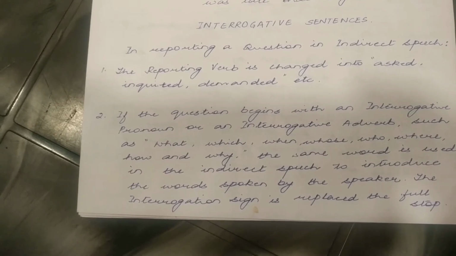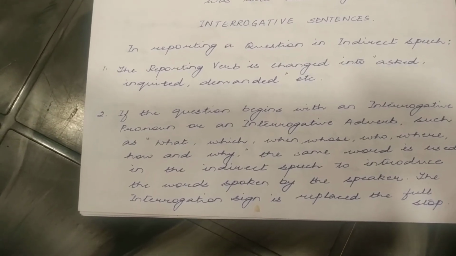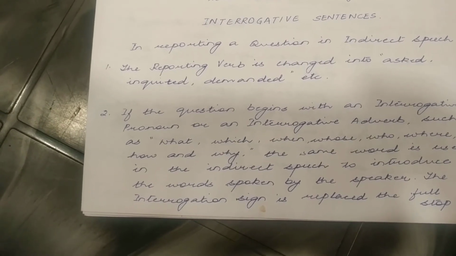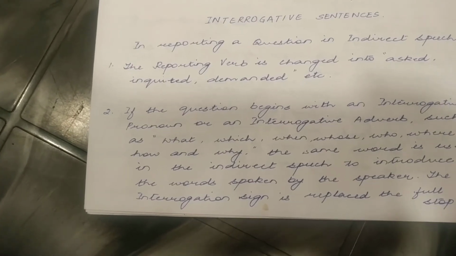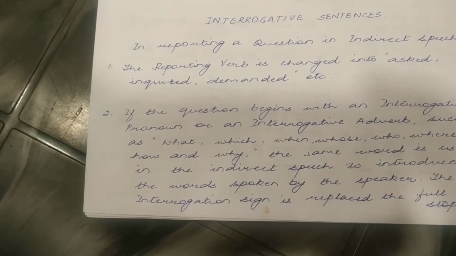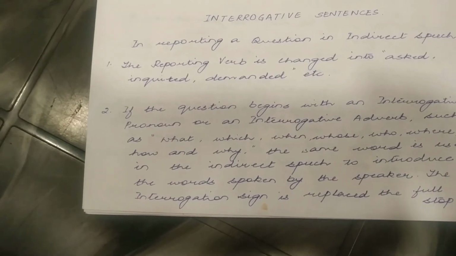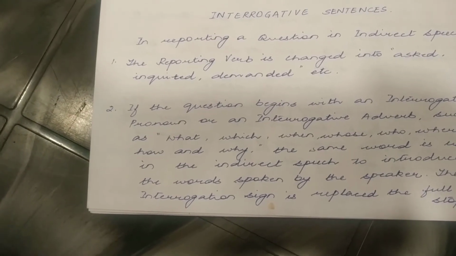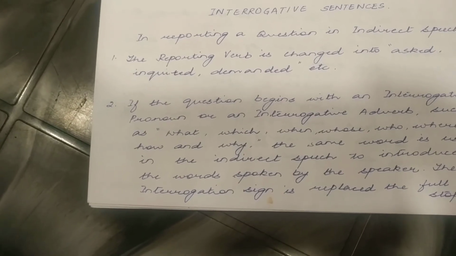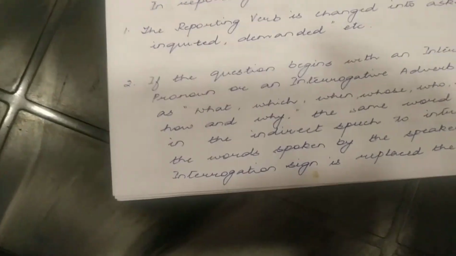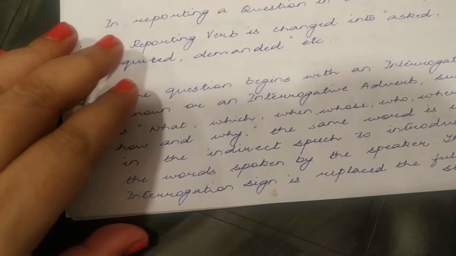The first one, the reporting verb is changed into asked, inquired, demanded, etc. If the question begins with an interrogative pronoun or an interrogative adverb such as what, which, when, whose, who, where, how, and why, the same word is used in the indirect speech to introduce the words spoken by the speaker. The interrogation sign is replaced by a full stop.